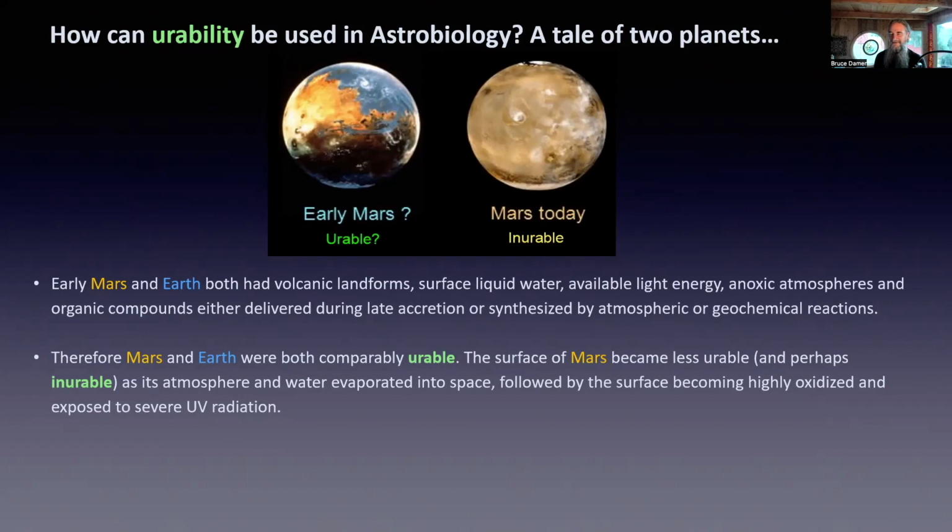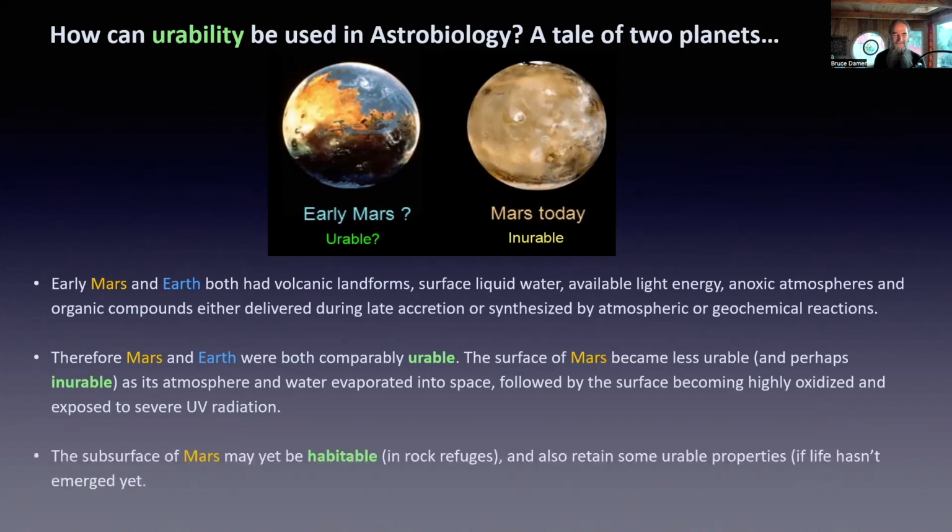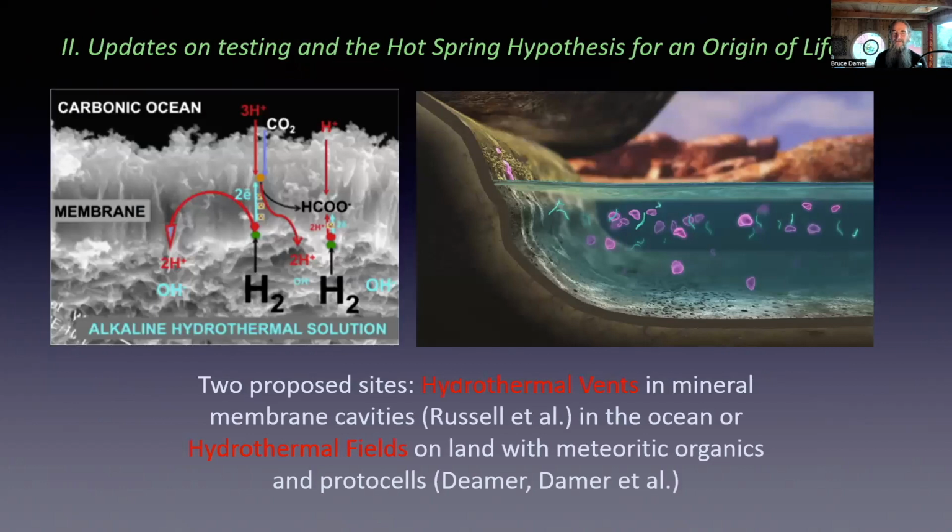And I'll leave that question for later because that's a wonderful discussion. And it also goes back to Charles Darwin. So Mars may still be habitable in rock refuges, but certainly it's possibly not even habitable at the surface. So we're going to now jump into the updates.